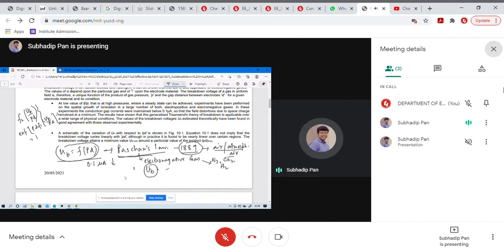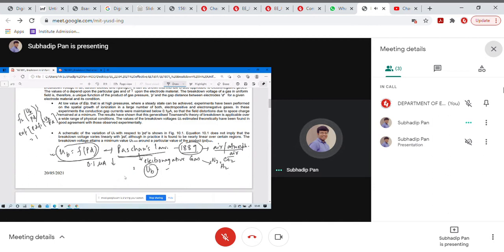So what it is saying is that UB is the breakdown voltage, which is a function of the pressure of the gas times the distance between the two electrodes. This is known as Paschen's law, and Paschen is the scientist who developed this equation in 1889 for the breakdown of atmospheric air and electronegative gases like N2, CO2, H2.